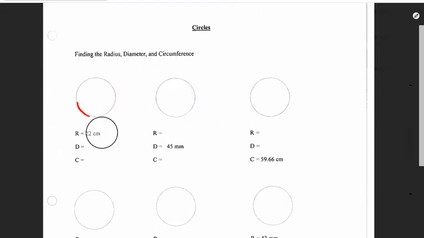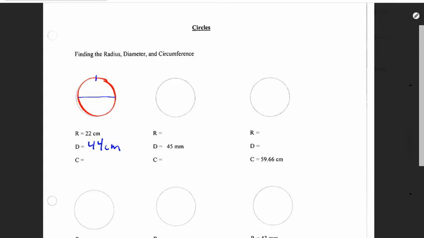To find that distance, if I take the diameter, which in this case was 44 centimeters, and wrap that amount all the way around the circle, it's going to end up being 3.14 diameters.